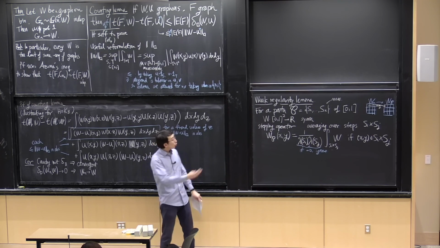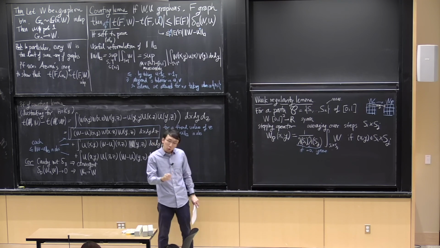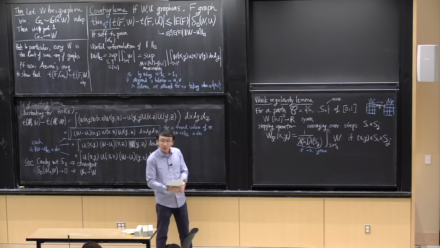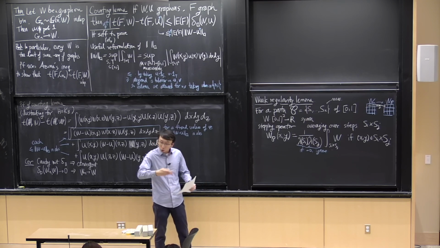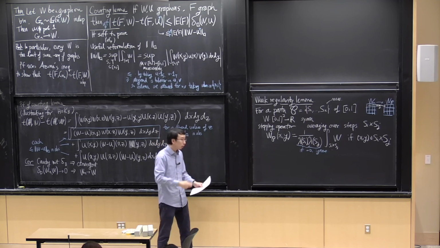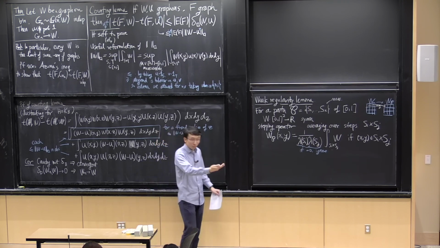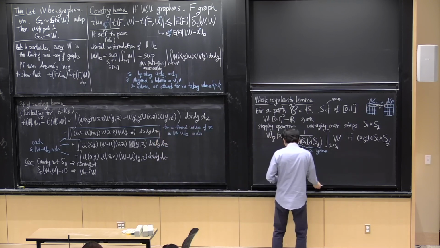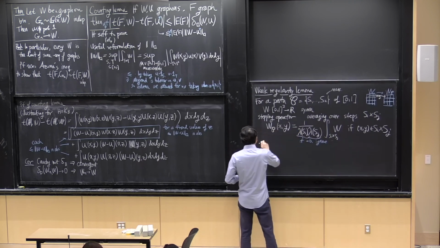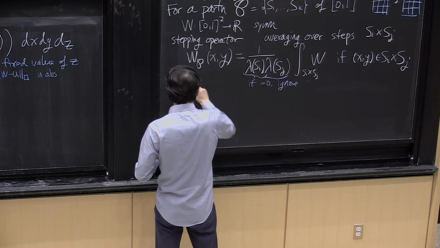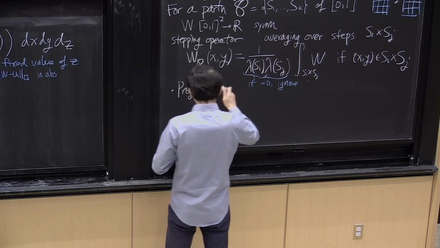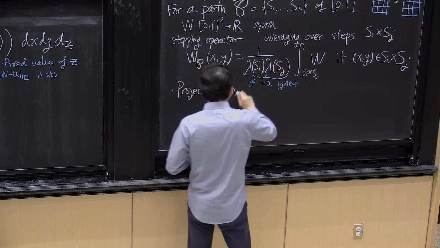So this operator plays an important role in the regularity lemma because it's how we think about partitioning, what happens to a graph under partitioning. It has several other names if you look at it from slightly different perspectives. So you can view it as a projection in the sense of Hilbert space.